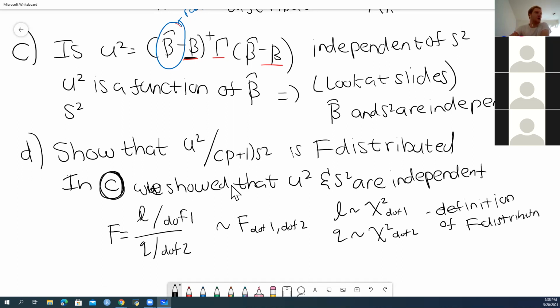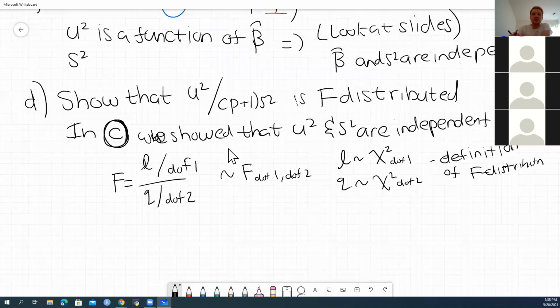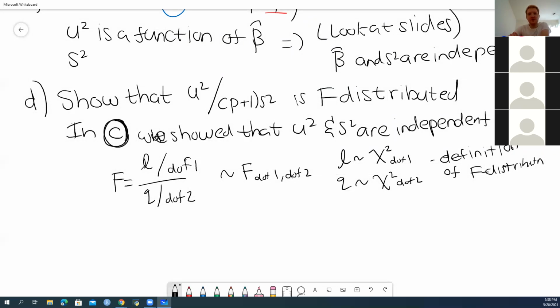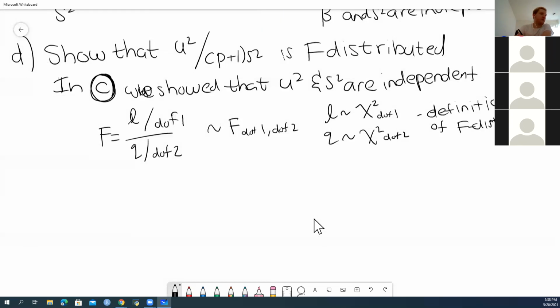Okay, so as it was given to you, you should write U squared over P plus 1 S squared. To be clear, above, the K that I was using is actually going to be equal to P plus 1.